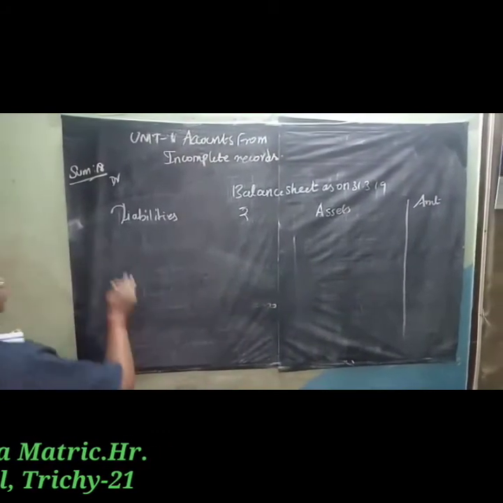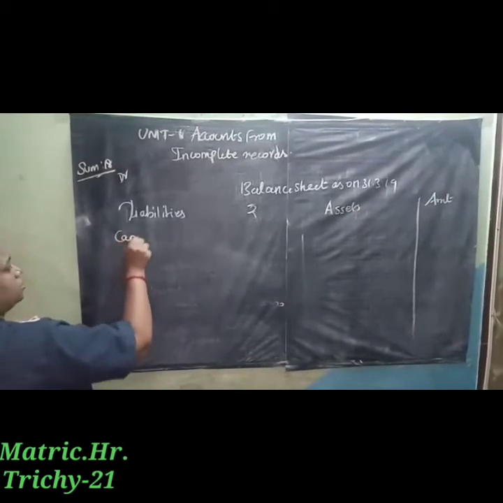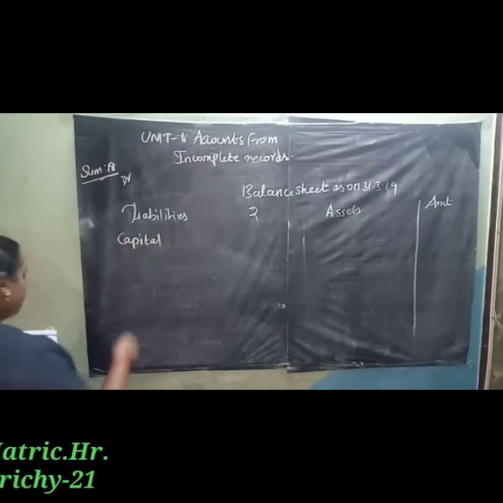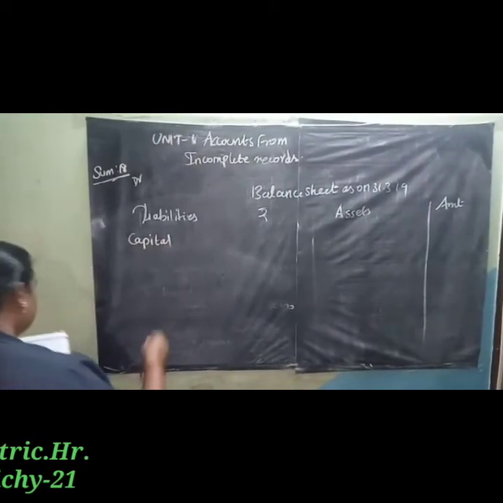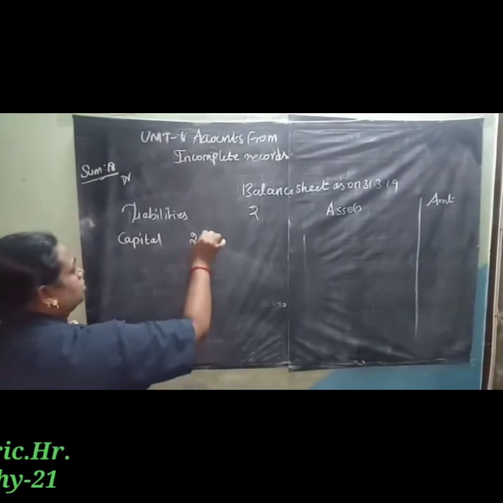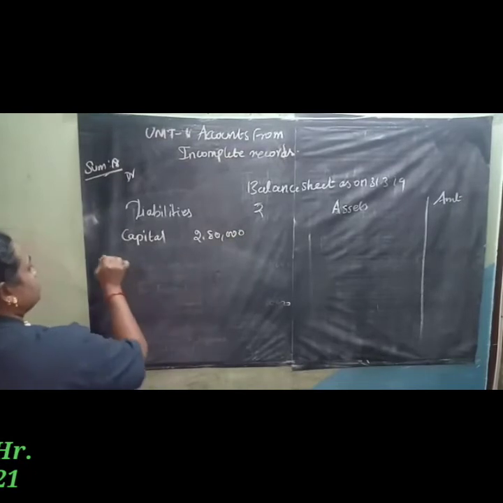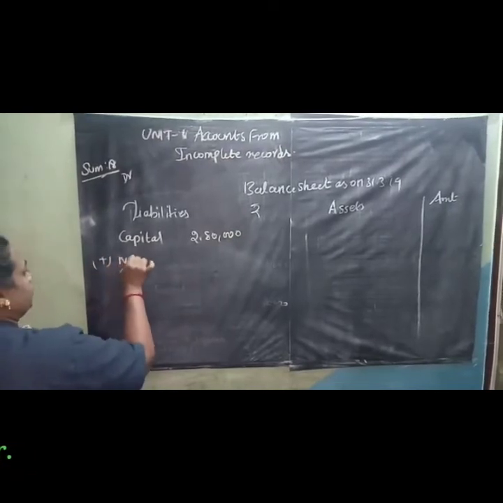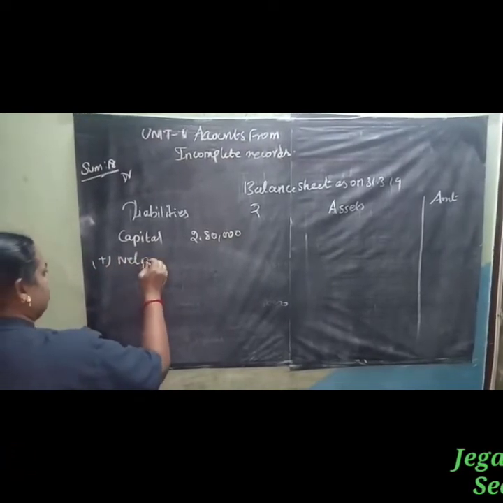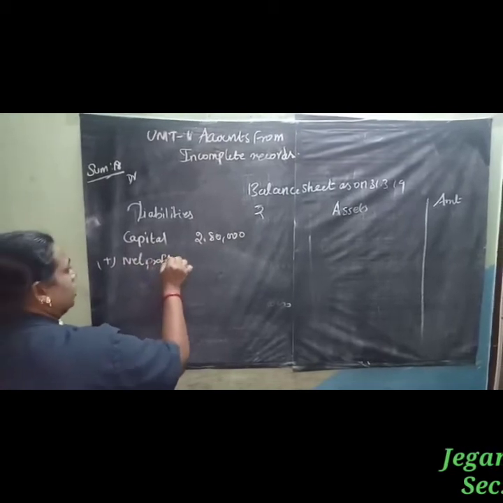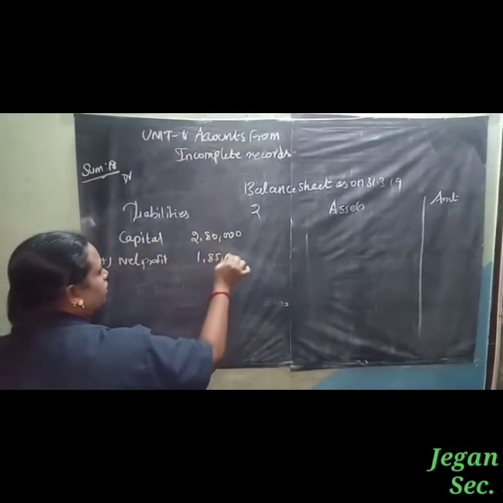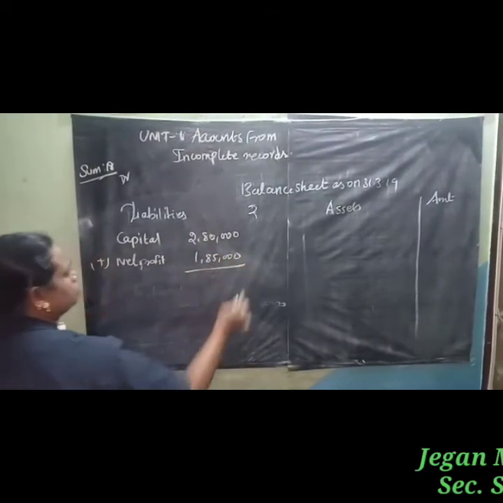On the liability side, first capital, 2,80,000 plus net profit 1,85,000. Drawings are not given, so no need to write.